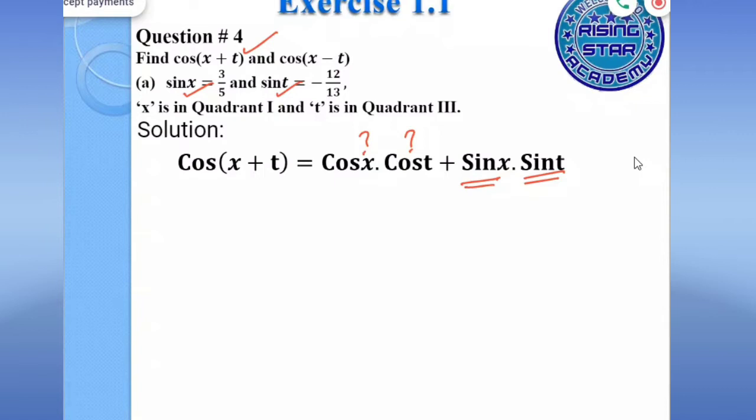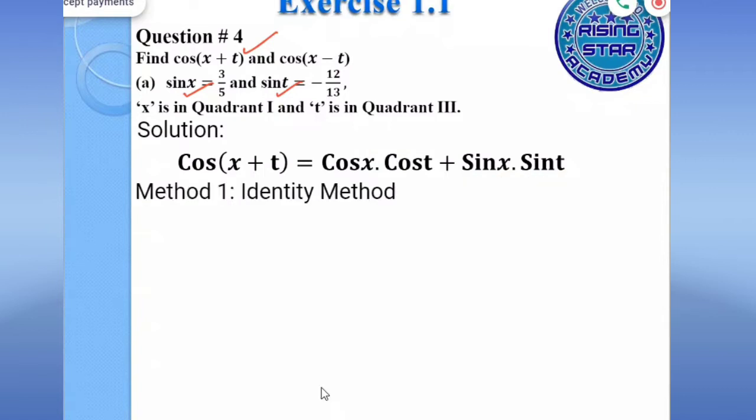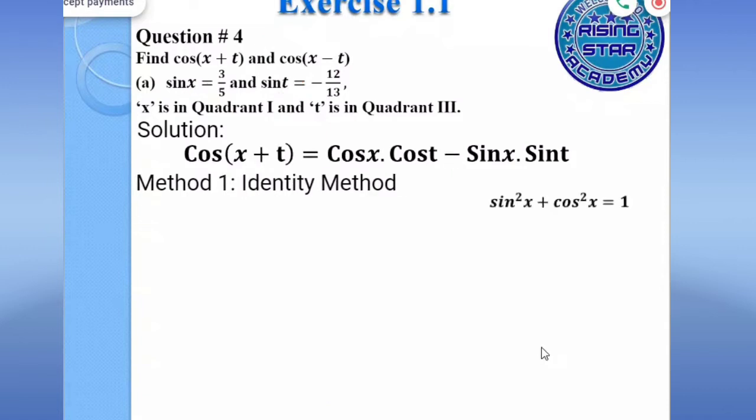Okay, so let's start now. Here we use the identity method. Basically, the identity is sine square x plus cos square x is equal to 1. The first step is we write sine square x plus cos square x equals 1.